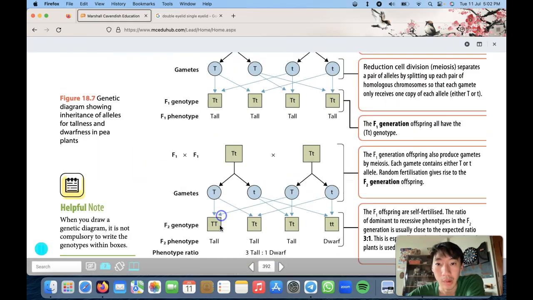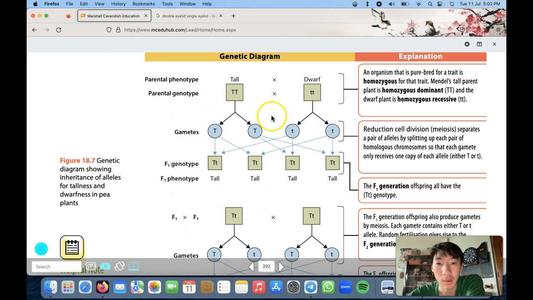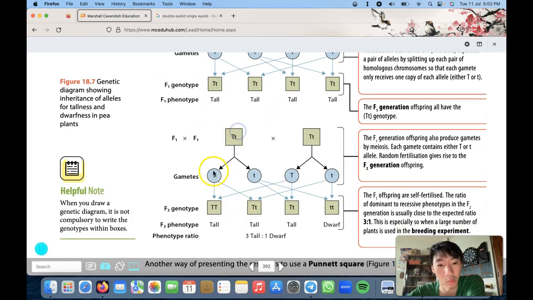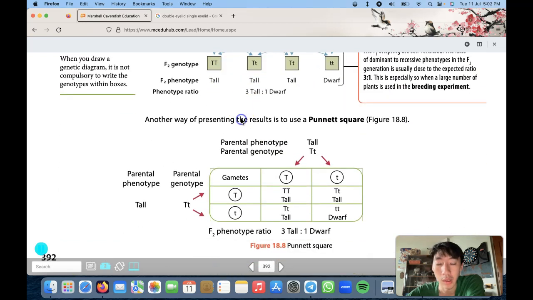This same data is a little bit messy, right? You see a lot of arrows here and there. There's some chance that we might do this wrongly. Okay, and by the way, we need to learn how to draw these genetic diagrams also, right? So you can practice with the worksheet. Okay, the easier way of presenting these results is by doing this thing called a Punnett square.